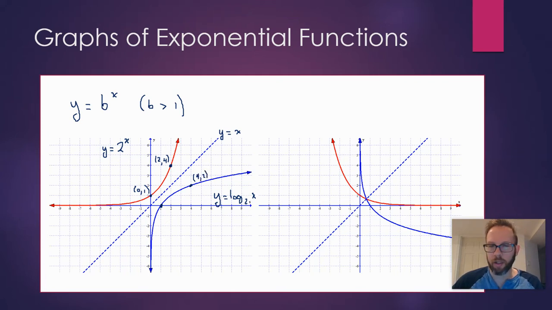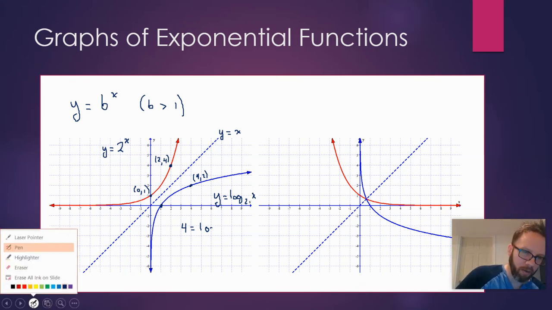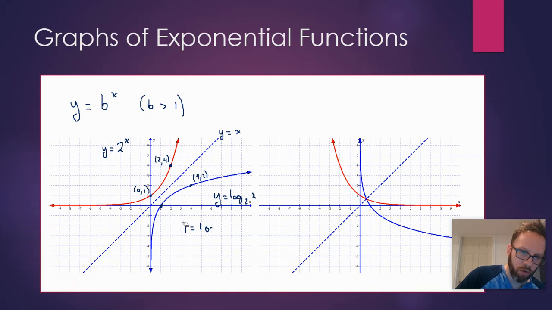Let's just quickly talk a little bit more about what that means in terms of logs. If the point (4, 2) is on this function, that means... almost messed that up. The y value is 2 when x is 4.